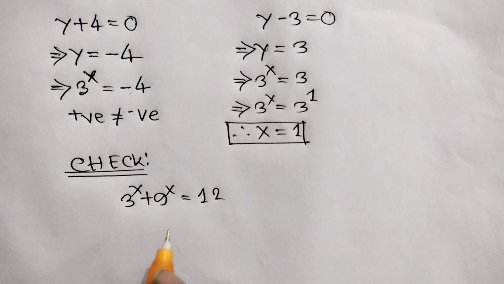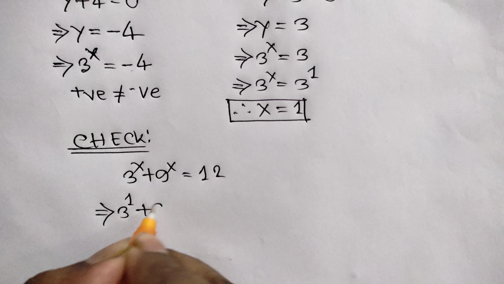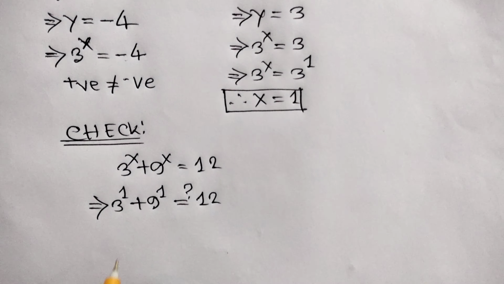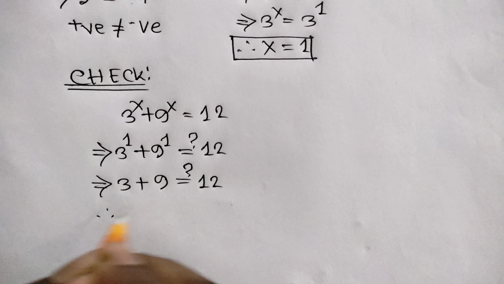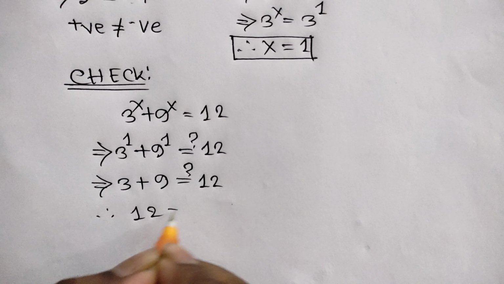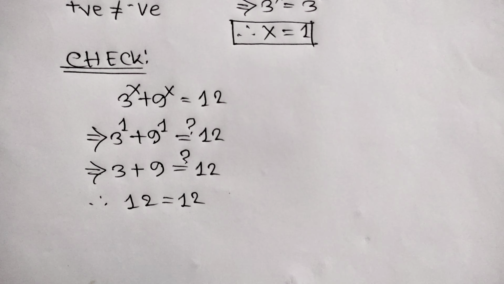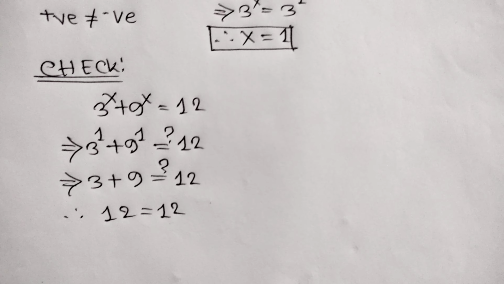Here x is equal to 1, so we can write 3 to the power 1 plus 9 to the power 1, is it equal to 12? 3 to the power 1 is 3, plus 9 to the power 1 is 9, is it equal to 12? So 3 plus 9 is 12, 12 is equal to 12, so left hand side is equal to right hand side, so we can say our final answer is x is equal to 1.